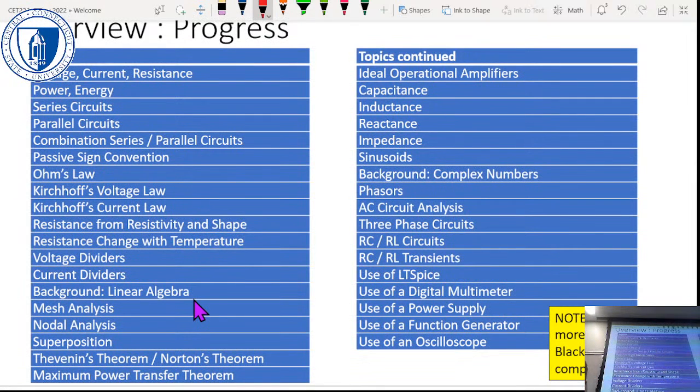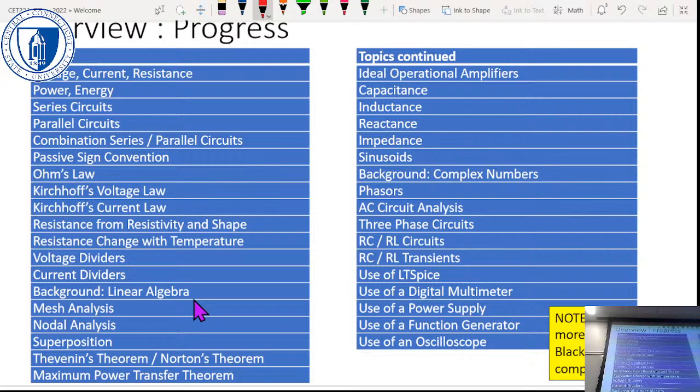So there's a list of all the topics. The nice thing about being back in the lab is we get to use all these things. There's 4 pieces of equipment, but you don't have to learn how to use it.